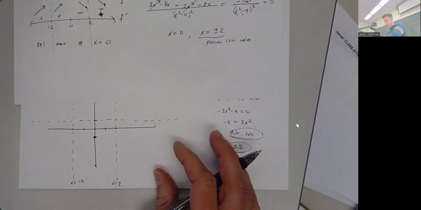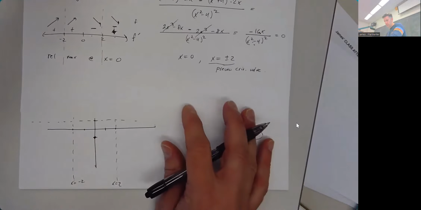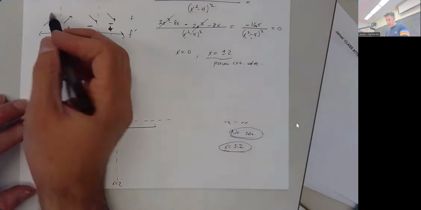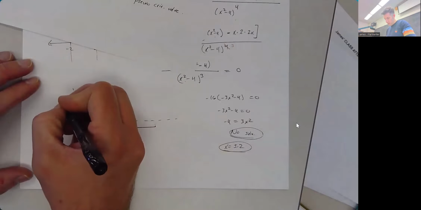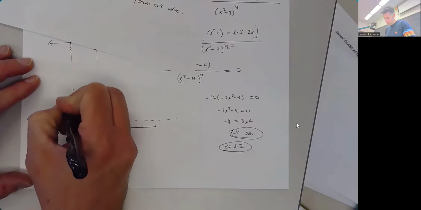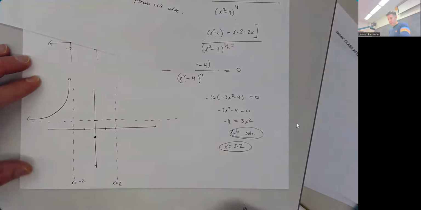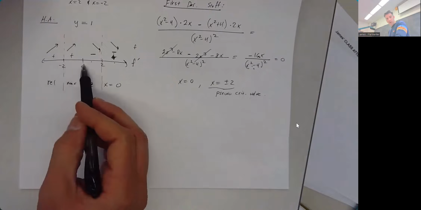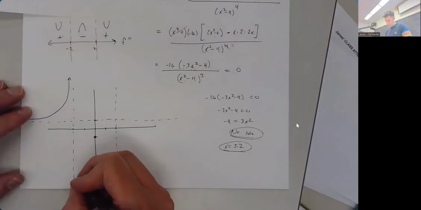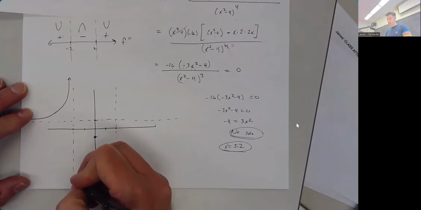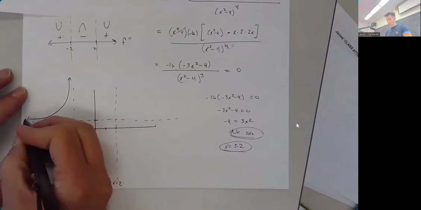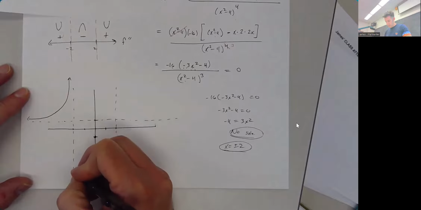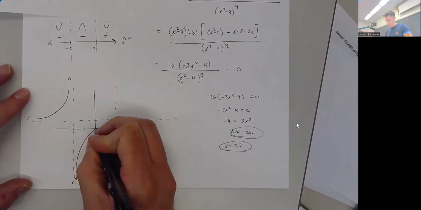To the left, I'm going to be increasing. So I know I have to be going up like this. And then between -2 and 0, I'm still increasing, but now I'm concave down. So concave up here, concave down here.